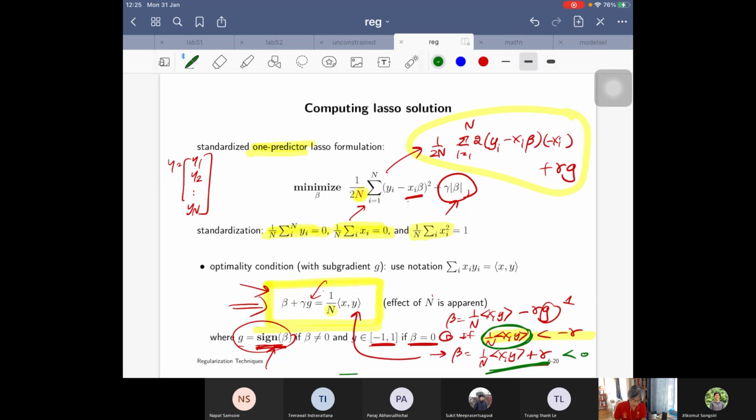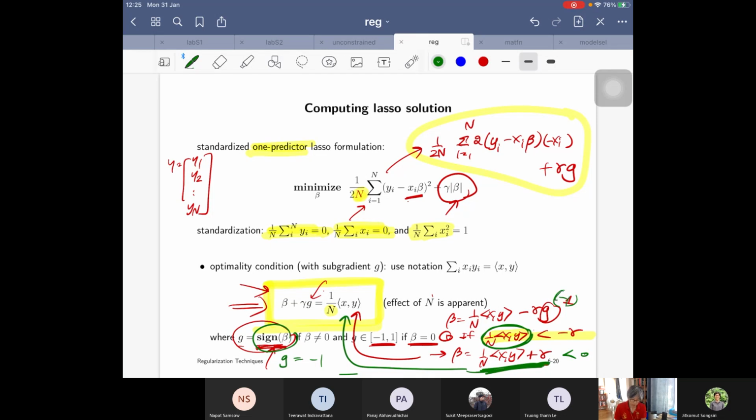Which means if I set beta in this way, the sign of beta would be minus 1. As you can see, my beta expressed in the green term satisfies the optimality condition when g is minus 1.